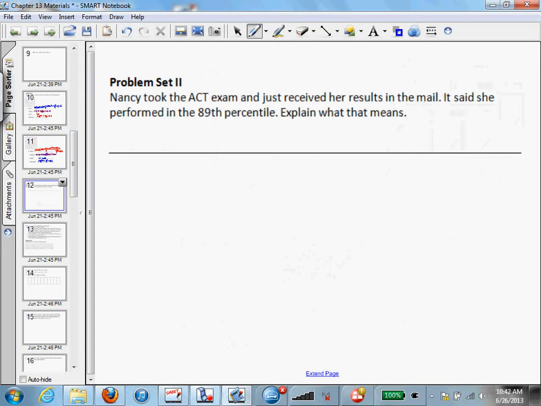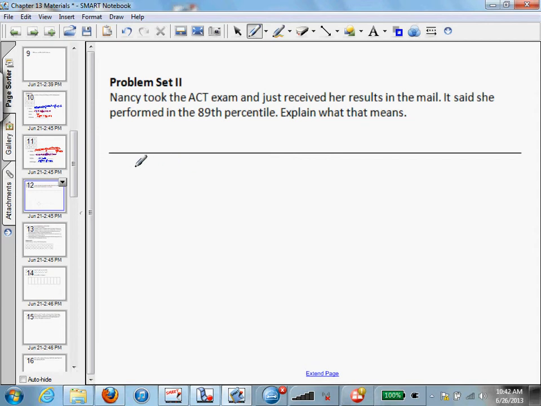It says Nancy took the ACT exam and just received her results in the mail. It said she performed in the 89th percentile. Explain what that means. Okay, so what that means is that 89% of people did what Nancy did, or they did less.